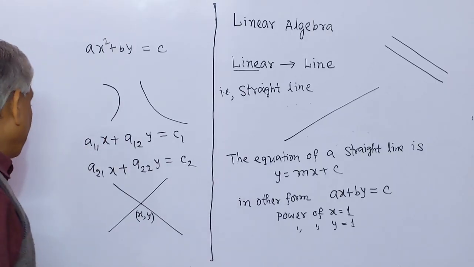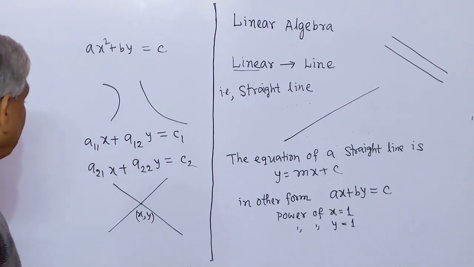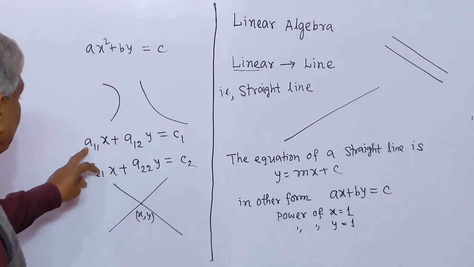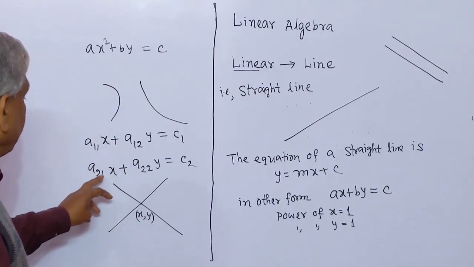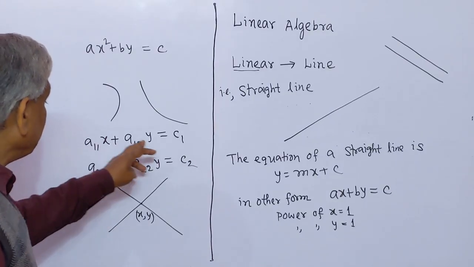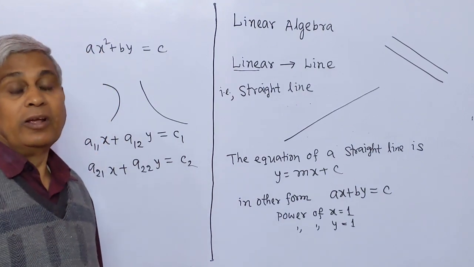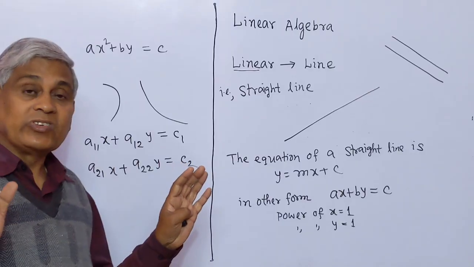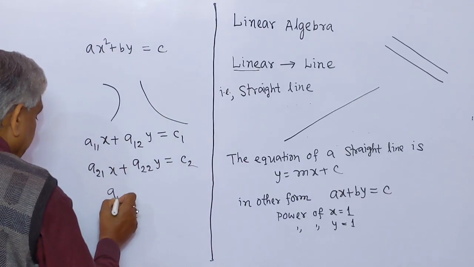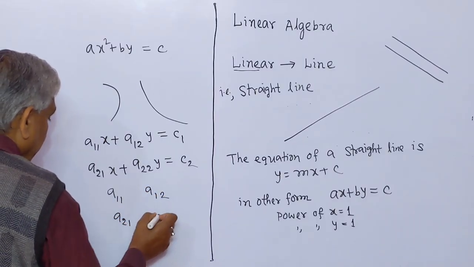From these types of linear equations, we see that we have some coefficients of the variables: a11, a12, a21, a22. These coefficients play an important role in giving any structure, geometrical structure or anything.